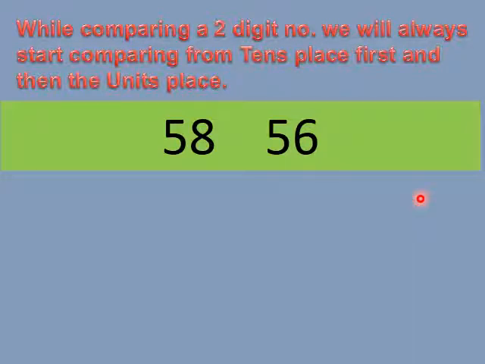Here, in number 58, 5 is in the tens place and in number 56, again 5 is in the tens place. So, 5 is equal to 5. So, we don't know which number is bigger. So, let us move on to the units place. So in 58, 8 is in the units place and in 56, 6 is in the units place.